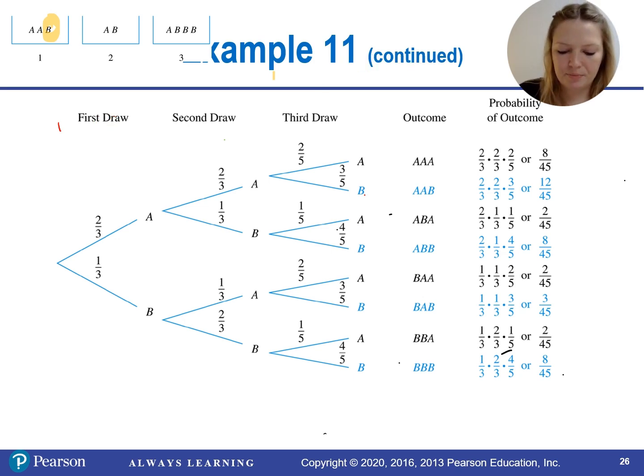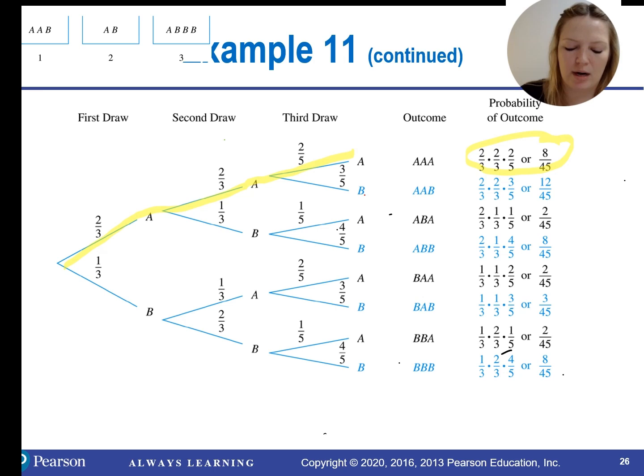So again, we have each of our draws influenced by what we drew the previous time and moved to the second box. So we can follow each of these possible outcomes and multiply their probabilities together. So the probability of drawing an A, then an A, then an A is 2/3 times 2/3 times 2/5, or 8/45.